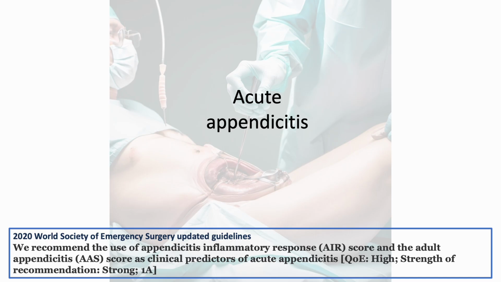Now, acute appendicitis, really quick. It's kind of the prototype, probably one of the most common causes of acute abdomen, and the one that's usually described the most, the classic example for acute abdomen.